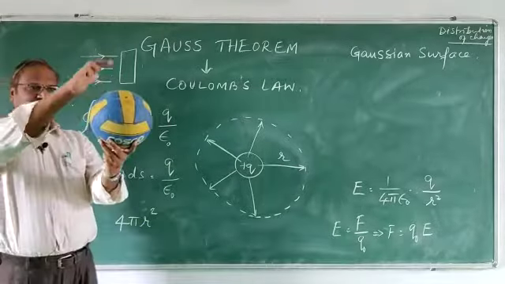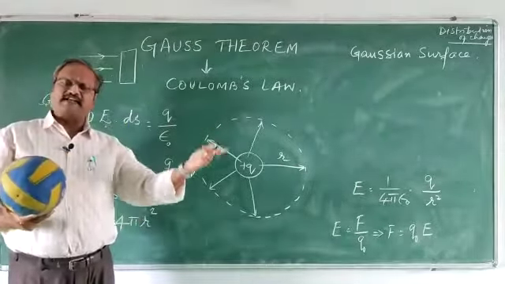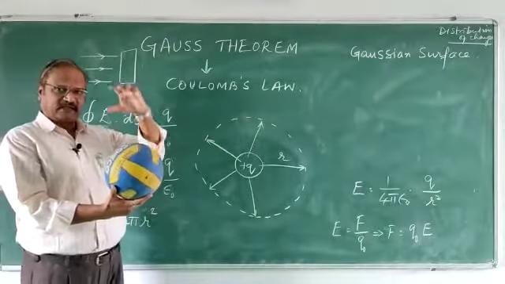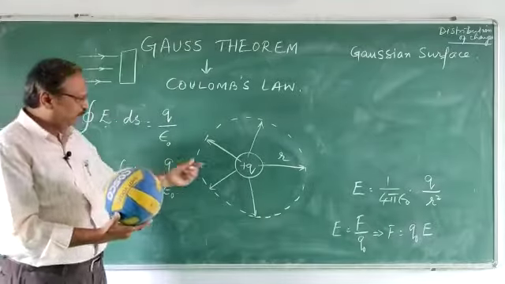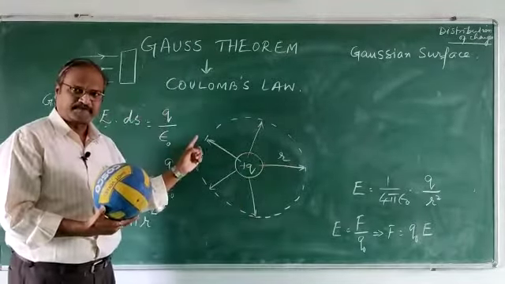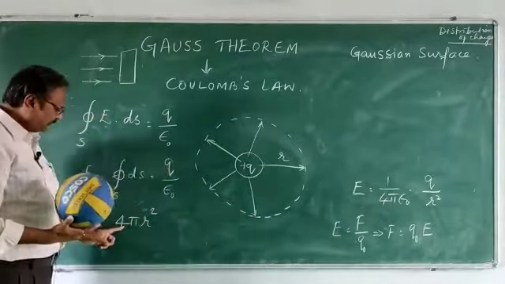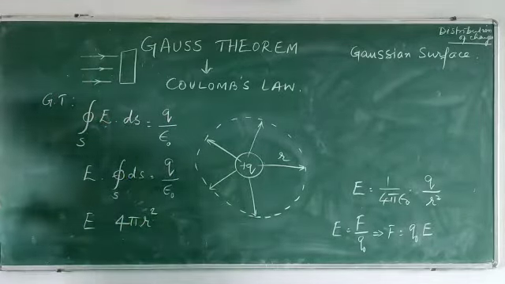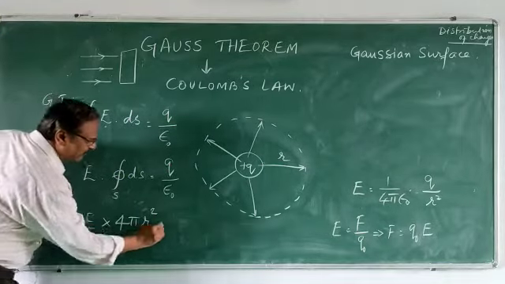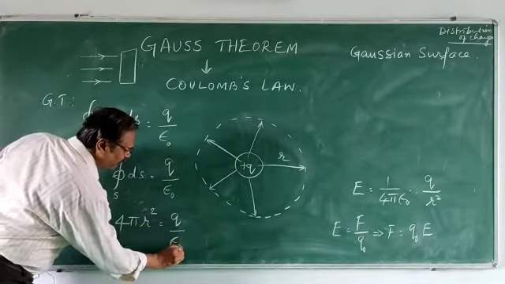It can be a cylinder, it can be any other shape. But in this case, from the symmetrical point of view, the charge is here and the Gaussian surface is a sphere. So we will take the Gaussian surface area to be 4 pi r square, multiplied by E, that is equal to Q upon epsilon naught.